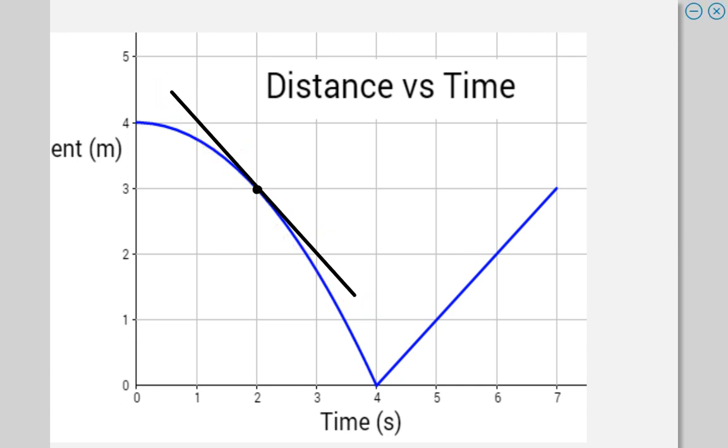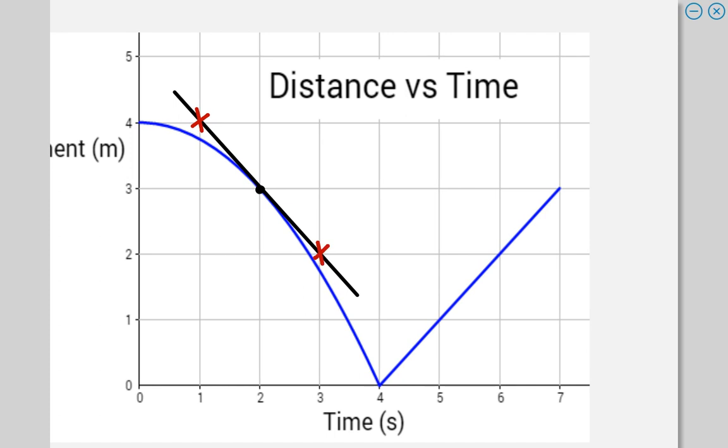And I'm thinking we have something like that. Now to find the slope of this tangent, I'm going to use 2 points on the line that line up quite nicely with the grid. And you can see at that point in particular, it looks like it's the same as the average over that interval.